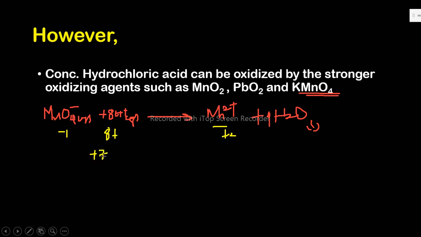So how should we reduce this plus 7 until it balances to +2? We shall just add 5 negatives. So if we add 5 negatives here, then we shall balance the charges. And you know that electrons are negatively charged, so we shall put our 5 electrons here.